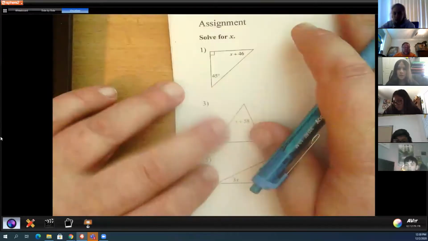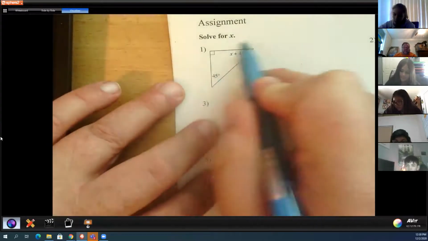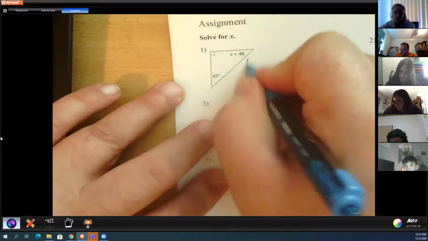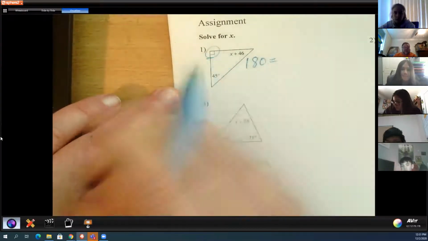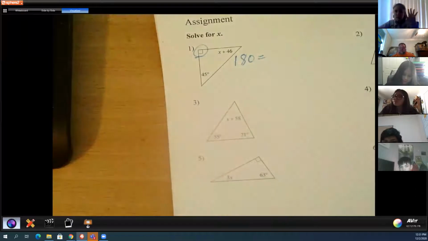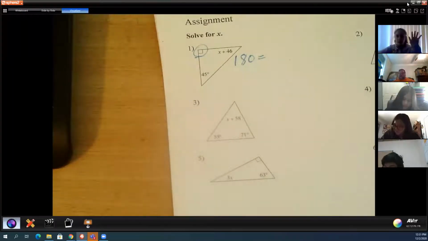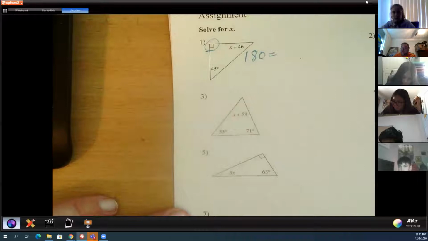So when we look at a problem like this, we have three angles. They need to add up to 180 degrees. Well, what's the measurement of this angle right there? Allie? 60 degrees. How much? 60.